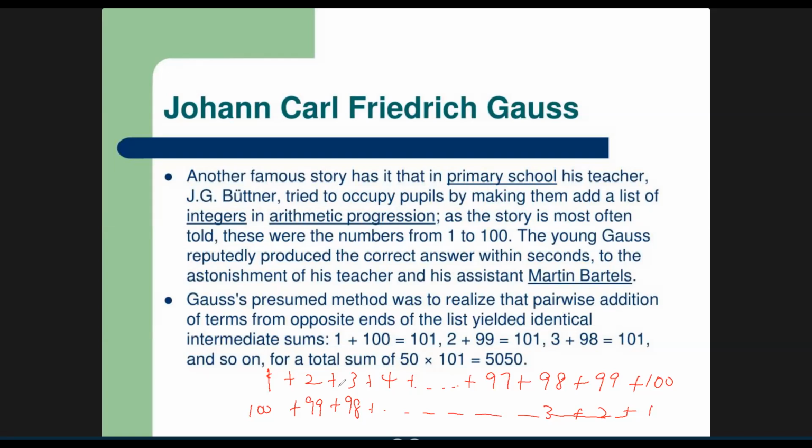If you were to add vertically, you get 101. Then you have 101, right down to 101 plus 101 plus 101. So you basically have 100 times 101, but that's twice the sum. So you take that and divide by 2, and you'll get the answer 5050.